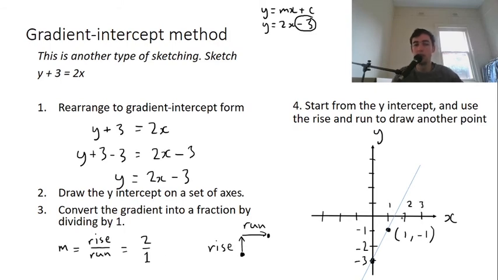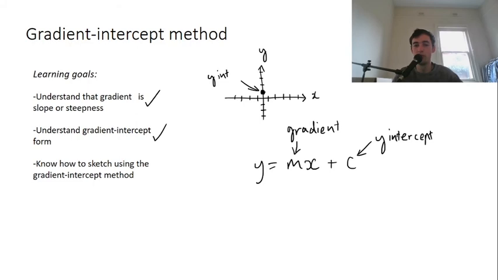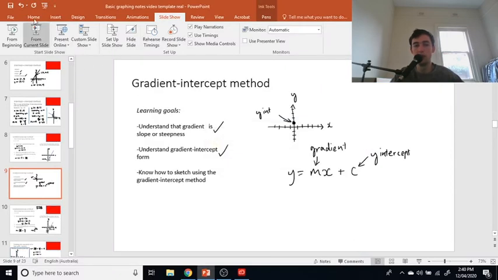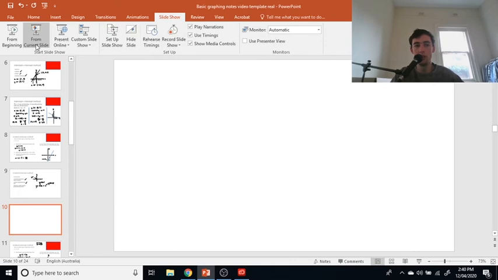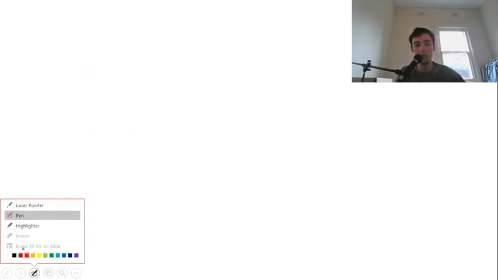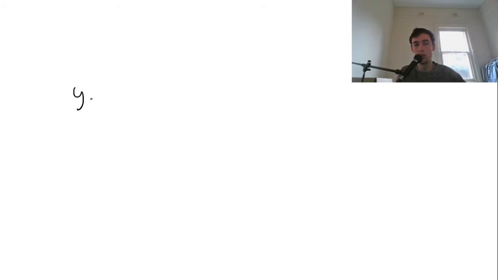Okay, let's do one more example. So let's do y equals -3x minus 4. So is this in gradient intercept form? Let's just see.